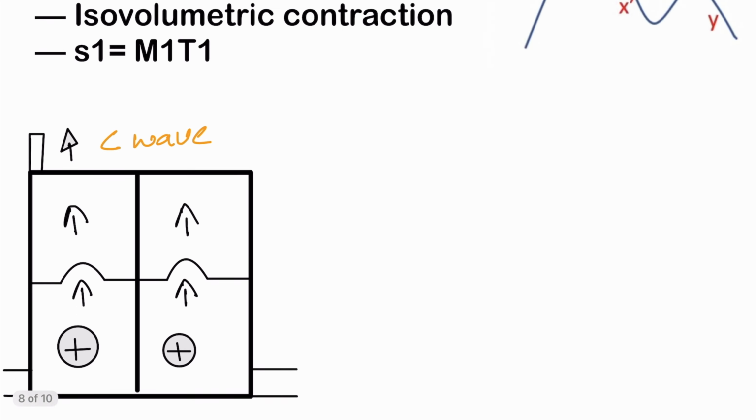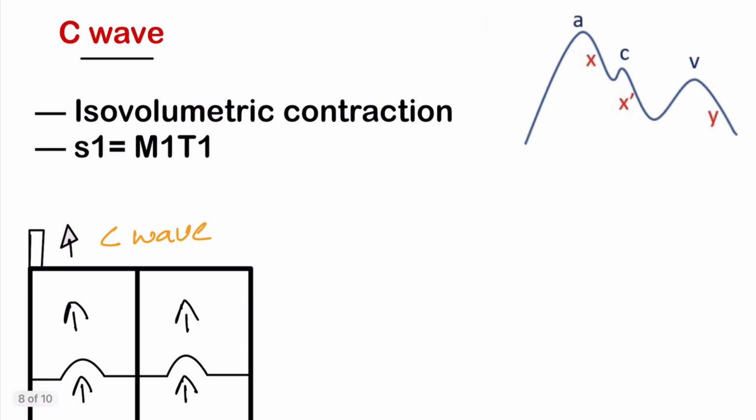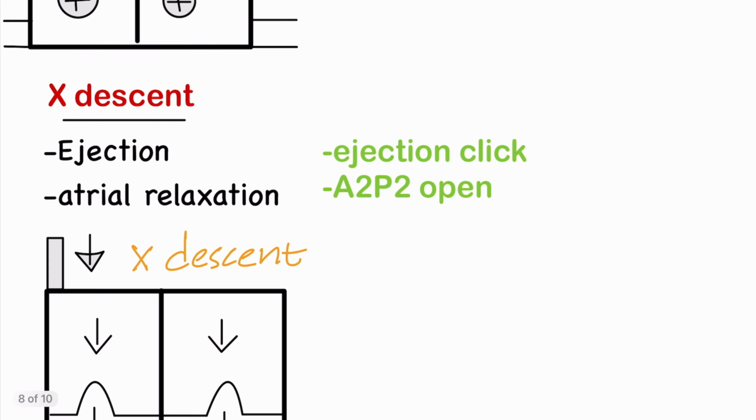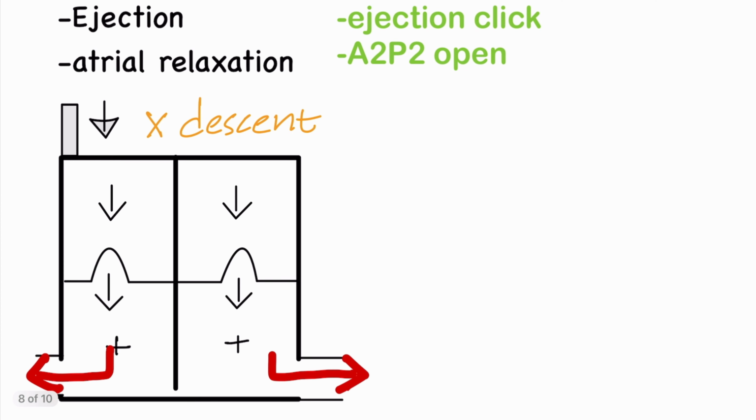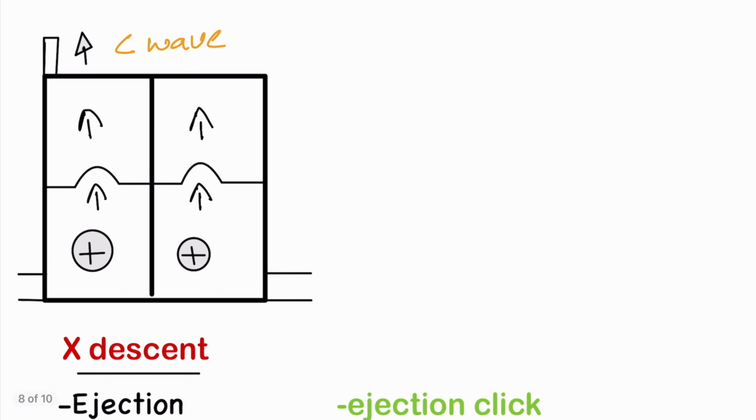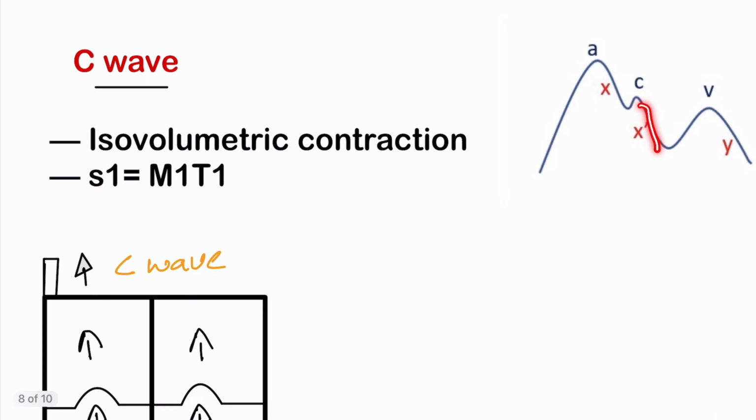Next, after C wave, what's happening is the X descent. During the X descent, after the isovolumetric contraction, the aorta and the pulmonary artery open, these two valves. So the blood will flow out of left and right ventricles. So the pressure decreases so that you can see X descent.